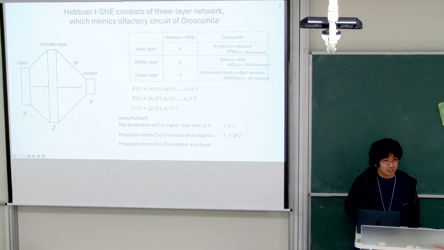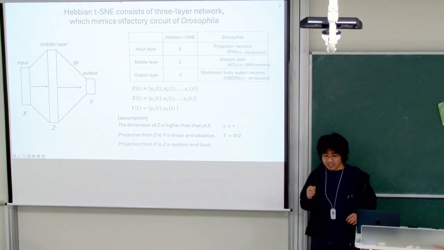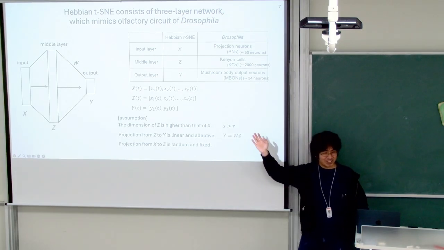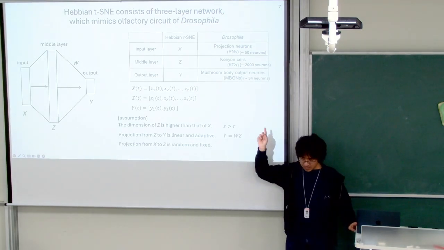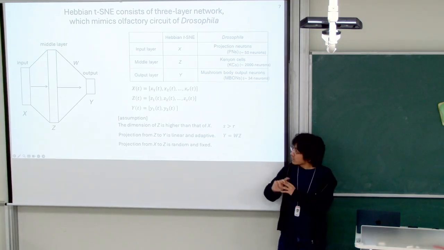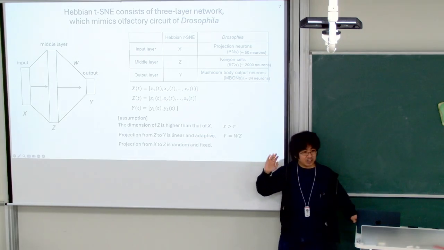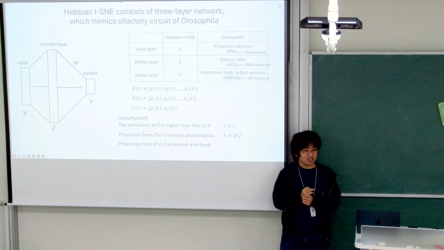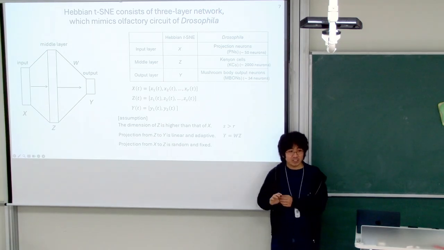It looks a little bit strange. You might think this architecture is strange, but the author mentioned this architecture exists in the Drosophila olfactory system: random and fixed weights. Yes, there is evidence.